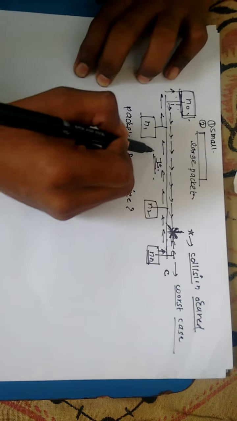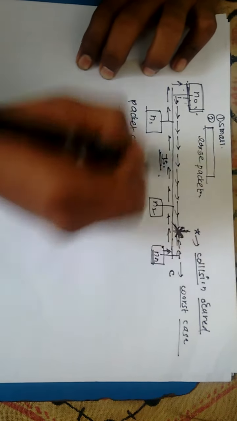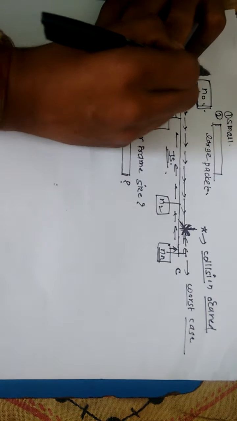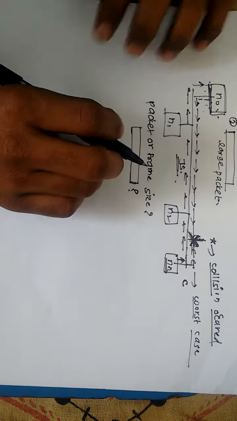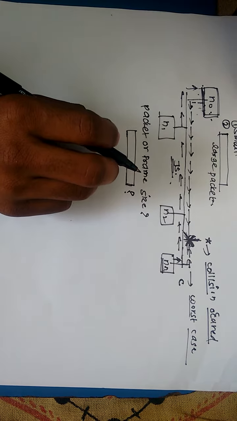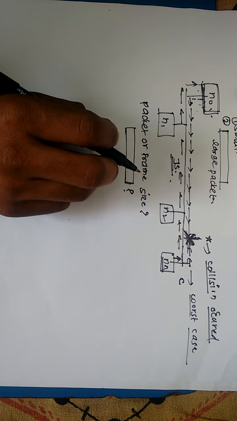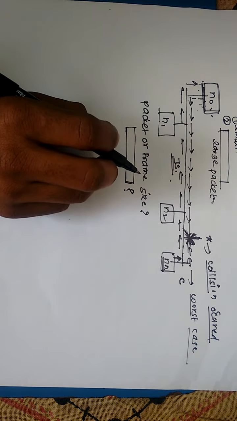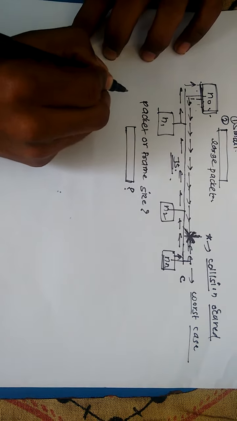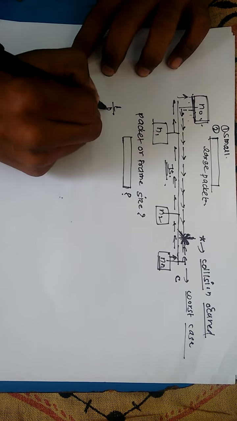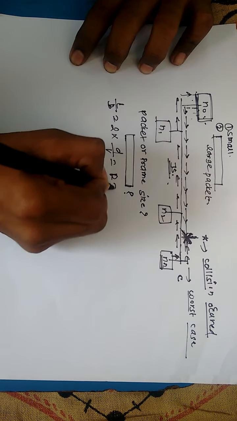When it happens, this node gets the information that there is a collision and retransmits the frame. And for the packet size, L by B is equal to 2 times d by V, and that is equal to RTT.